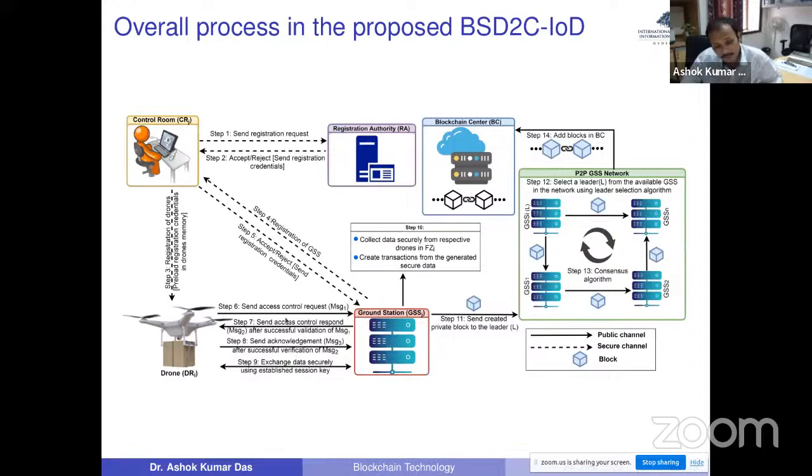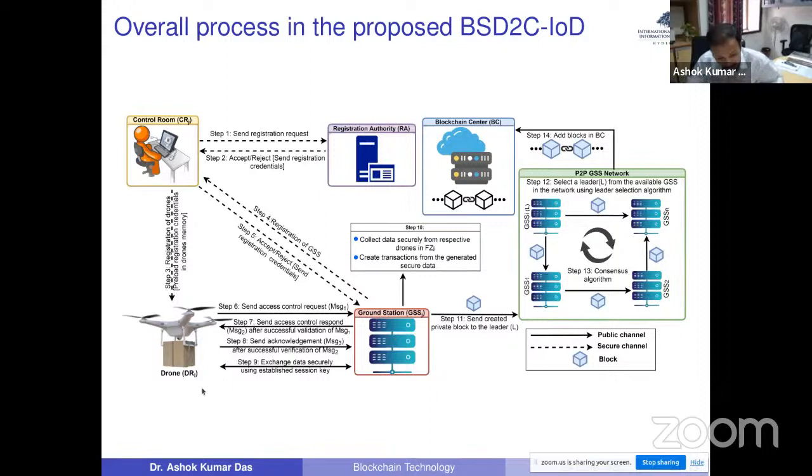Through the exchange of three messages, the first message is the access control request message, then the access control response message, then the acknowledgement message. Through the exchange of these three messages, the drone and GSS will establish a session key between them.